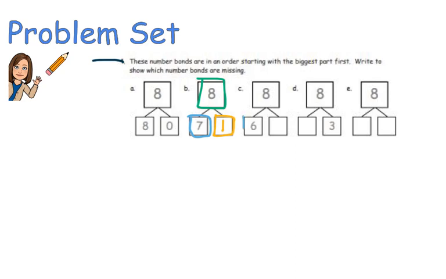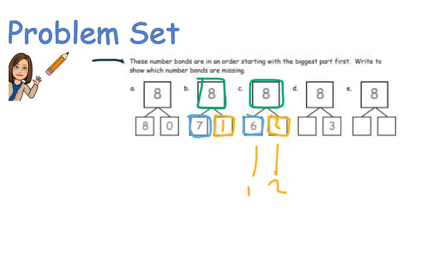We have 6 and something make 8. So we're going to start at 6 and count on to get to 8. So we have 6, 7, 8. Oh, stop. We got to 8. How many? 1, 2. Oops.